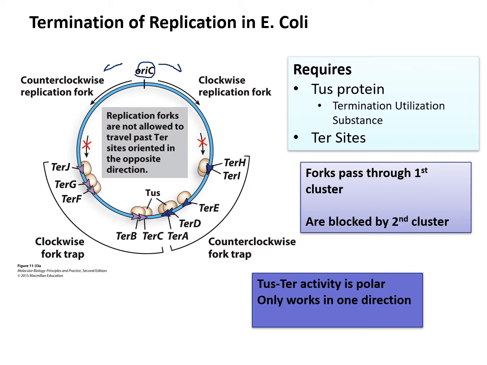And what the chromosome includes on it are these termination sites that are located roughly around 3 o'clock on one side of the chromosome, 9 o'clock on the other side of the chromosome, and then there's another big cluster of them down here close to 6 o'clock.